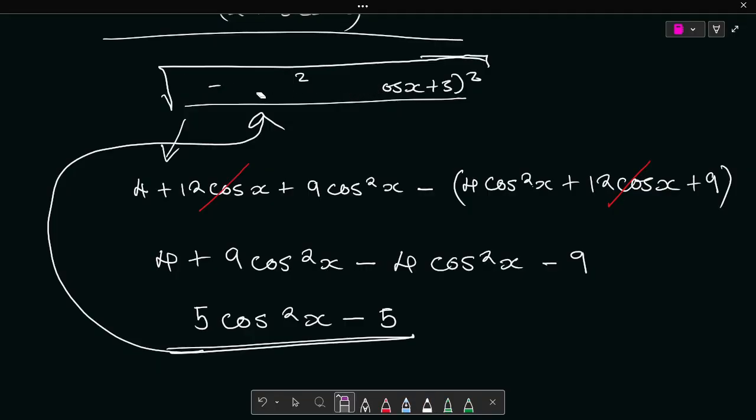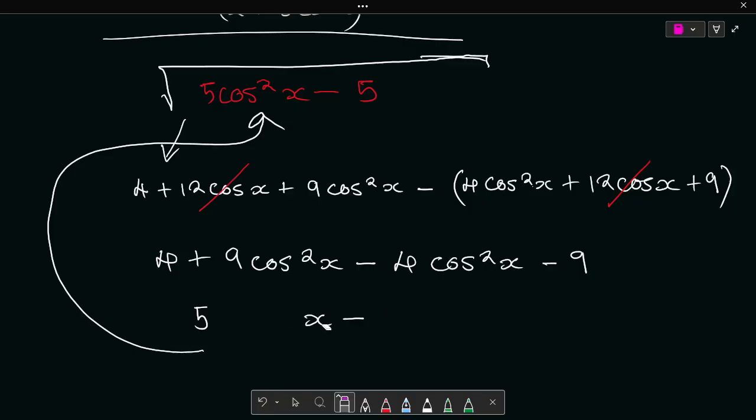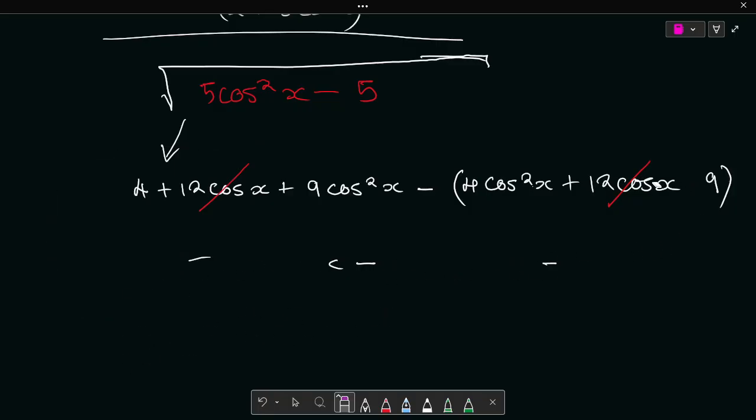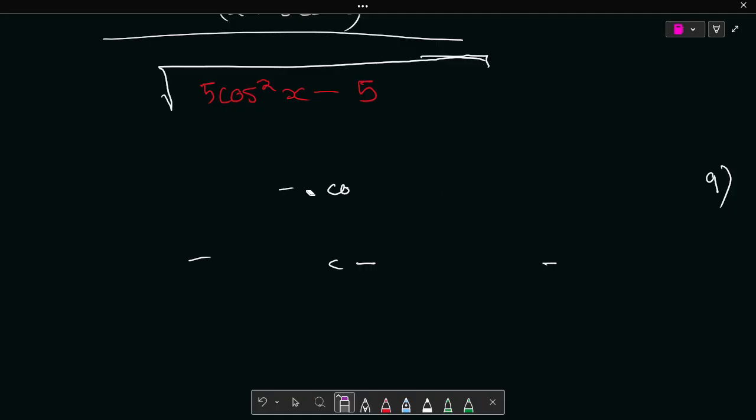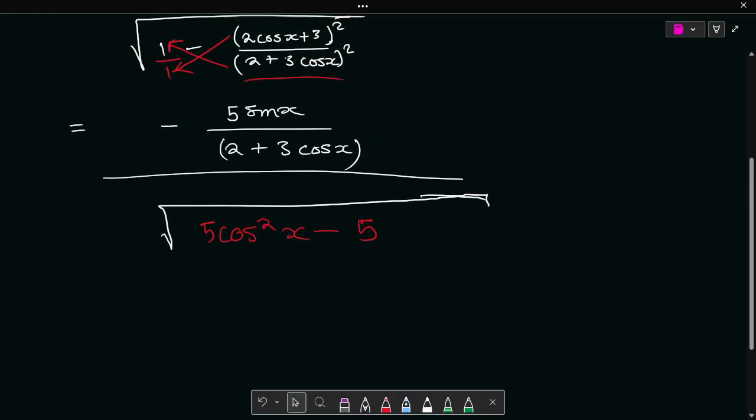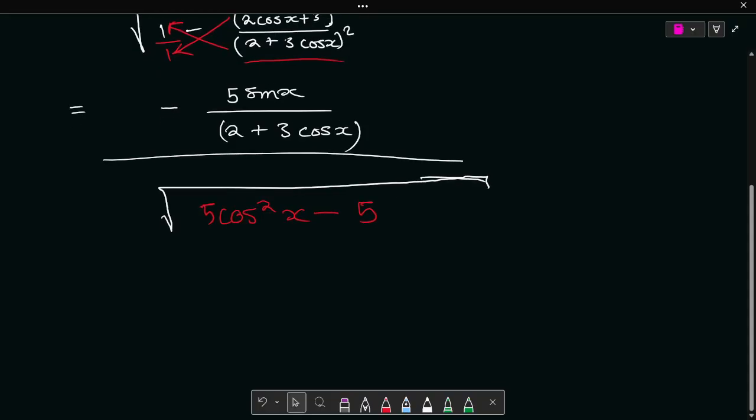So let's replace what we have inside the square root with what we just found. We simply have 5 cos squared x minus 5. Okay, so that's what we have, and we can write this like this.